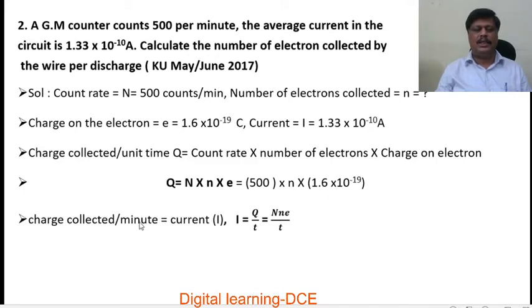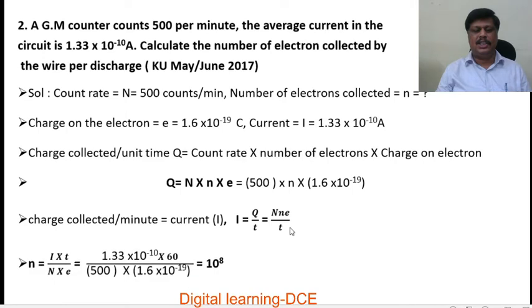But charge collected per minute, that is current I is equal to Q by t is equal to N n e by t. Here we have to calculate small n value. Equate for small n. Small n is equal to I into t over capital N into e.